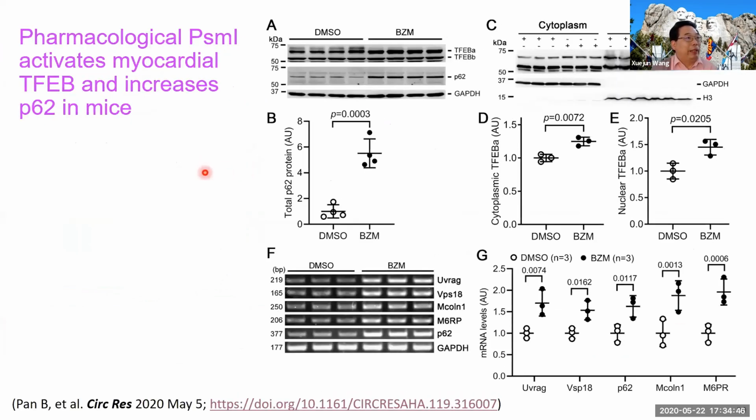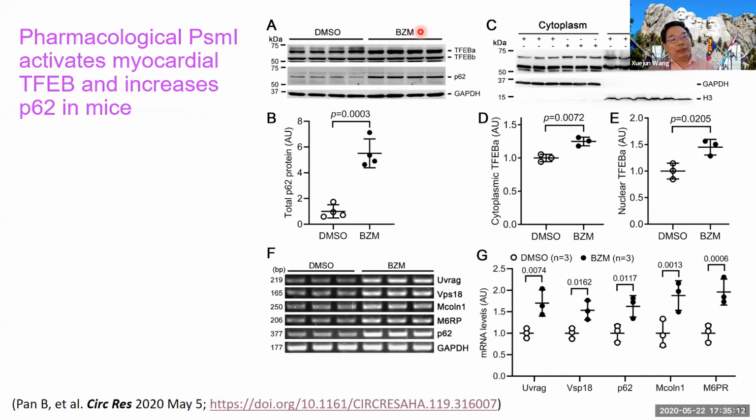So then we wanted to look first in vivo in mouse heart, whether pharmacological proteasome inhibition can activate TFEB in the heart or not. That's easy to do. We treated wild-type mice with a proteasome inhibitor, in this case bortezomib, BZM.